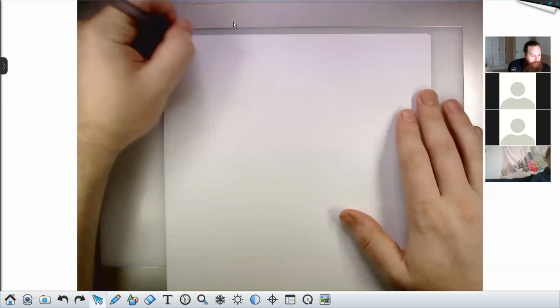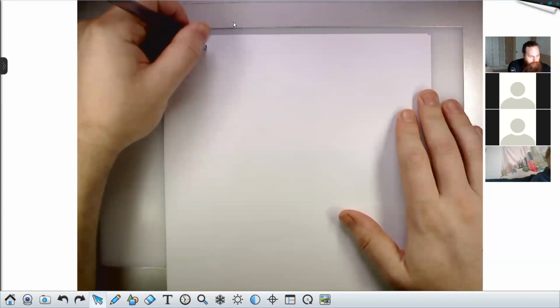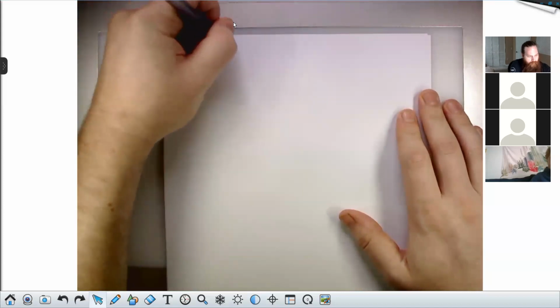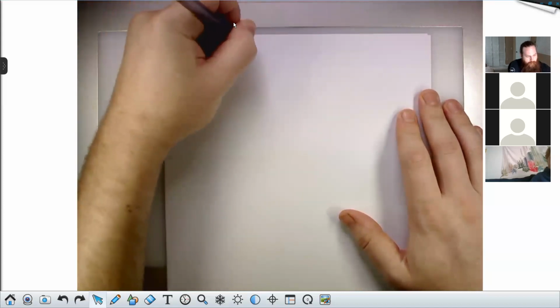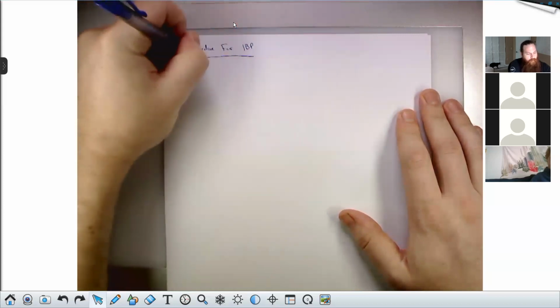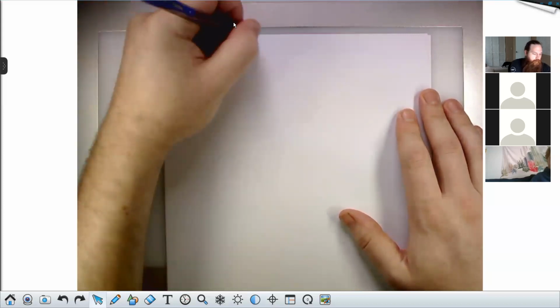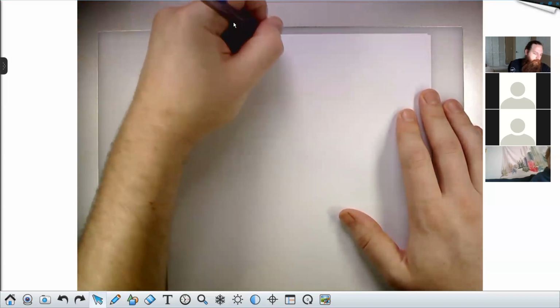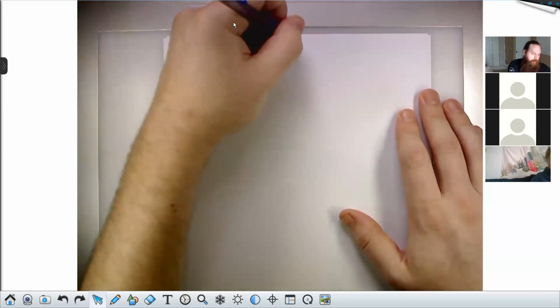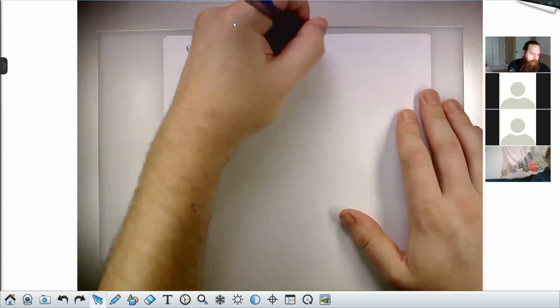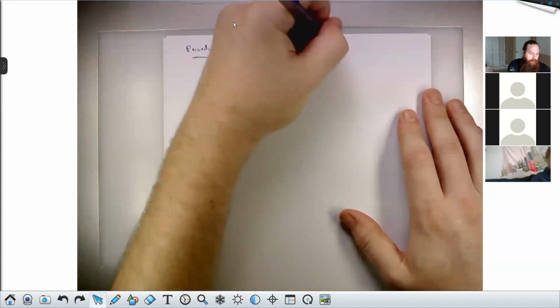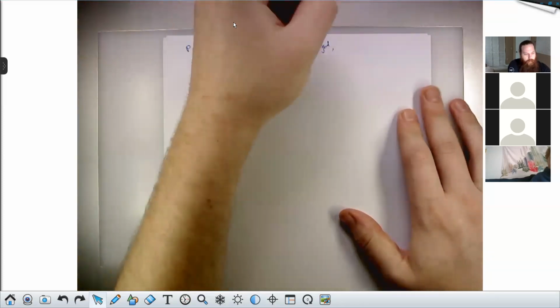procedure for integration by parts. Okay, you're given an integral. And you don't see any other way to do it.